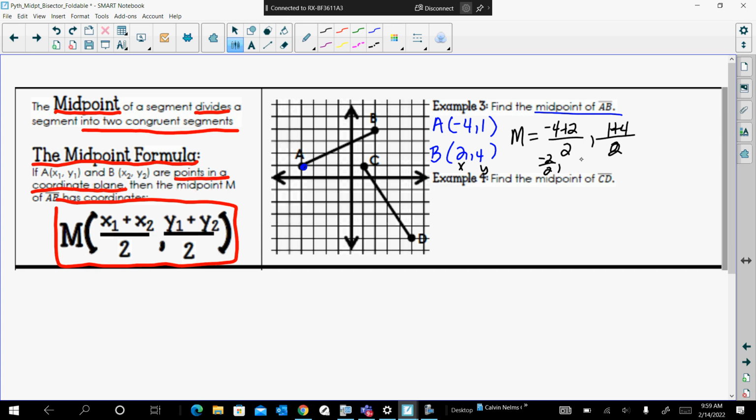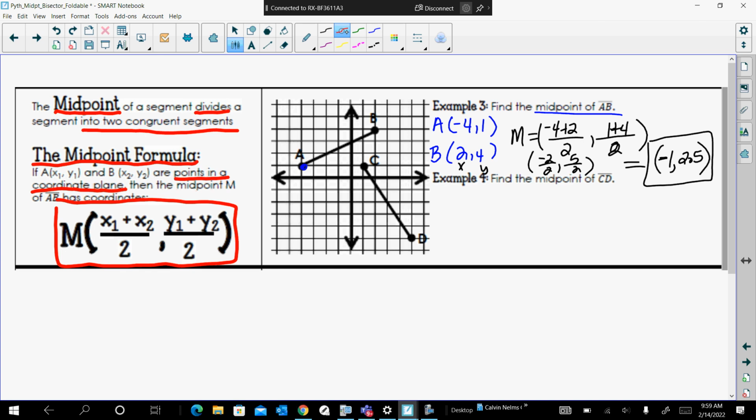And 1 plus 4 is going to give me 5 over 2. These are reduced to my final answer, which is -1, comma 2.5. Half of 5 is 2.5. So this is my answer, the coordinates of the midpoint.